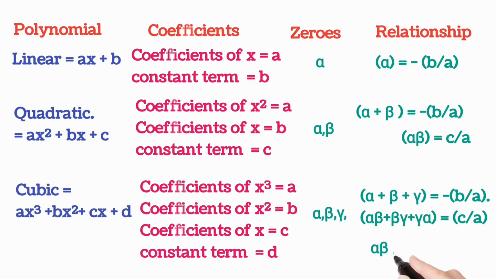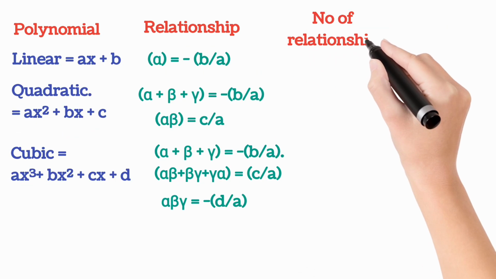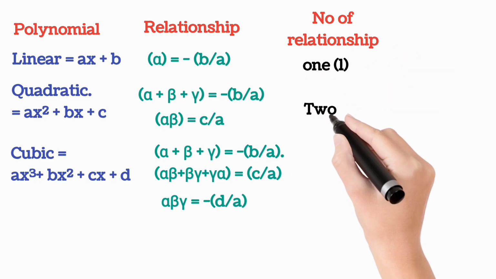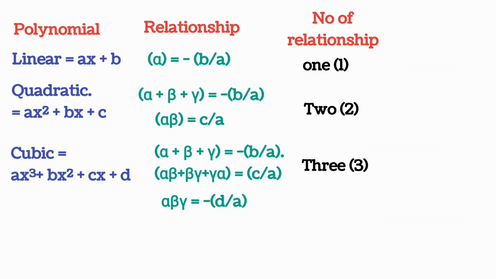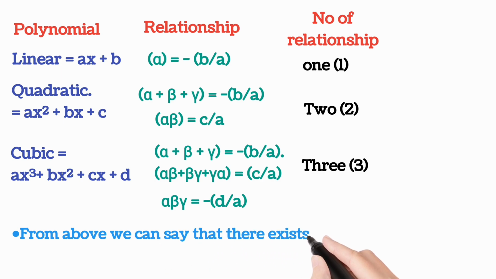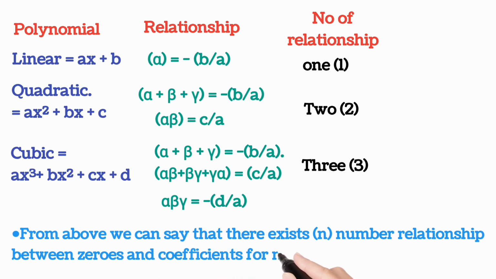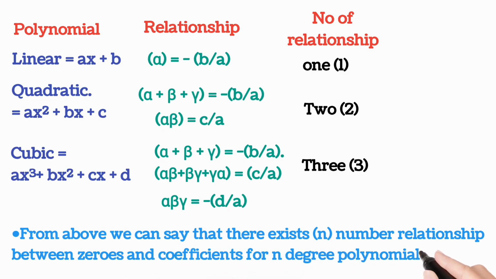Then product alpha beta gamma is equal to minus d by a. Now look at the number of relationships: for linear polynomial 1, for quadratic polynomial 2, for cubic polynomial 3. From above we can say that there exist n relationships between zeros and coefficients for an n degree polynomial.